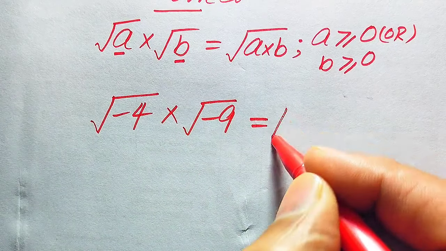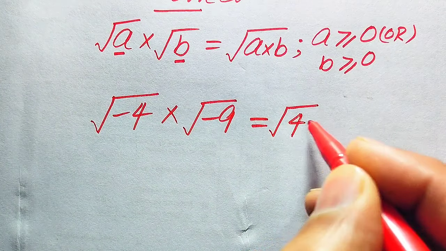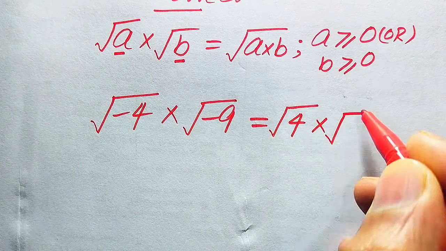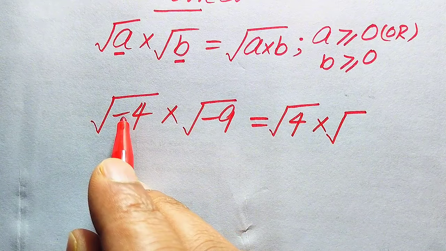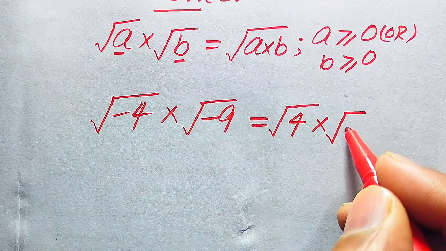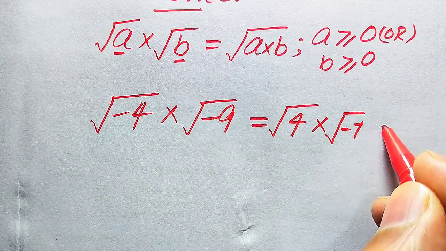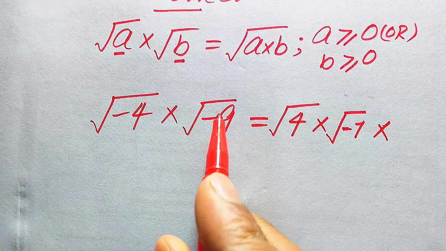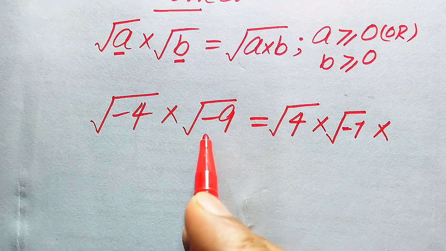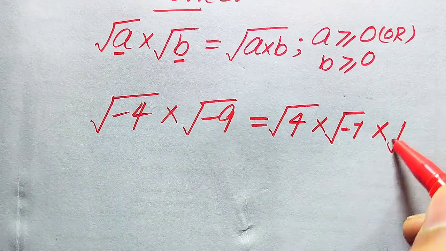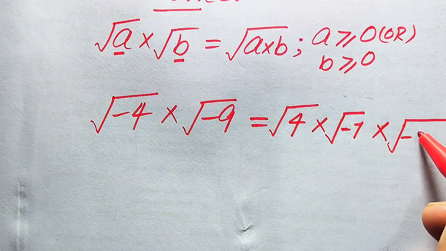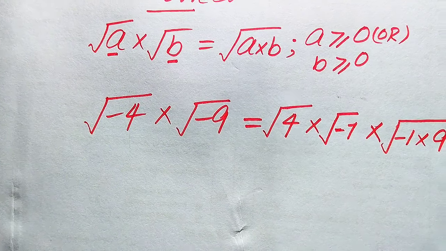So we write this term as the square root of 4 multiplied by the square root of minus 1, and it is multiplied by the square root of minus 9. Now we write minus 9 as minus 1 multiplied by 9.